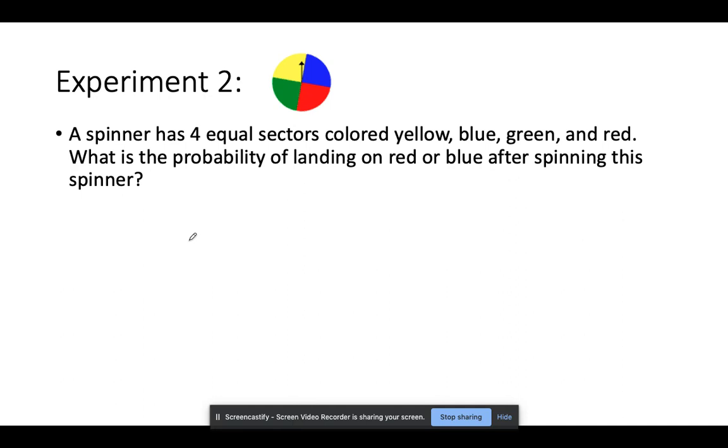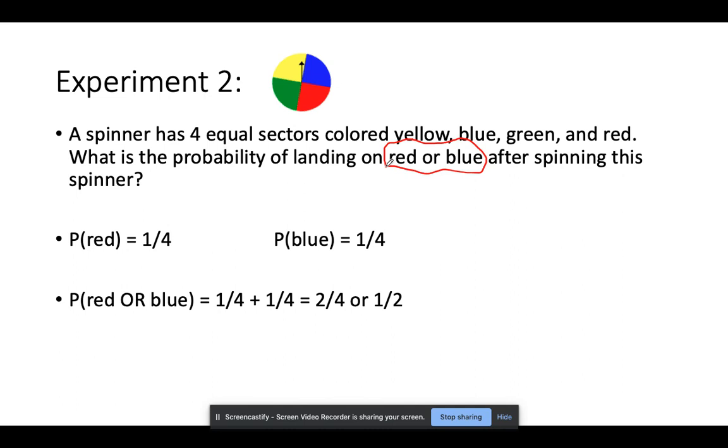They're all equally likely, so the probability of red would be 1/4, and the probability of blue would be 1/4. Since we want the probability of red or blue, the addition rule says to add those together: 1/4 plus 1/4 gets you 2/4, or 1/2.